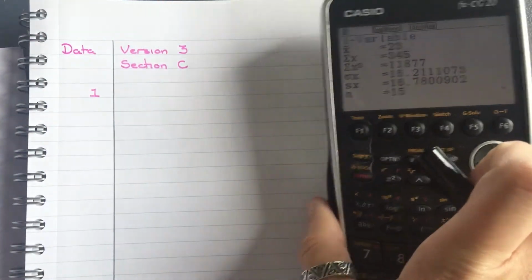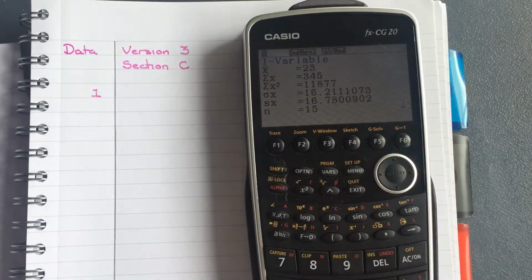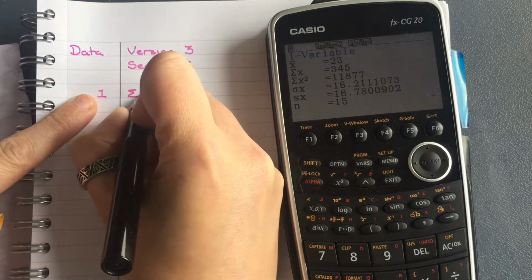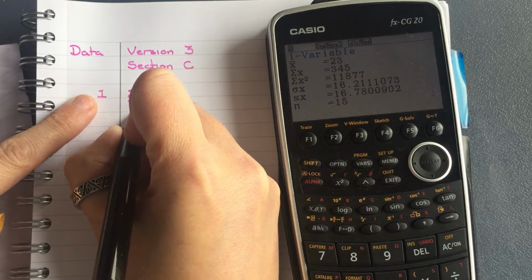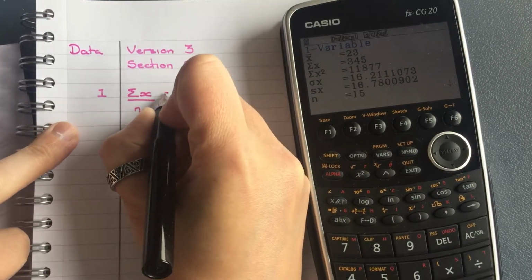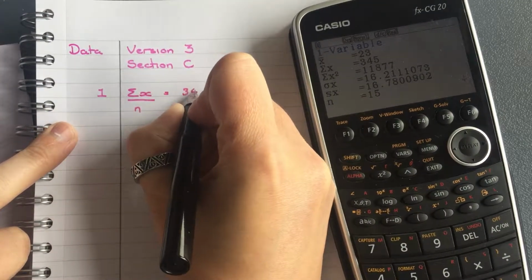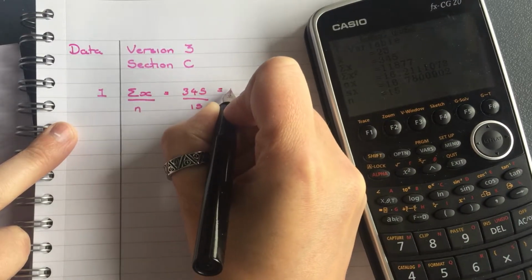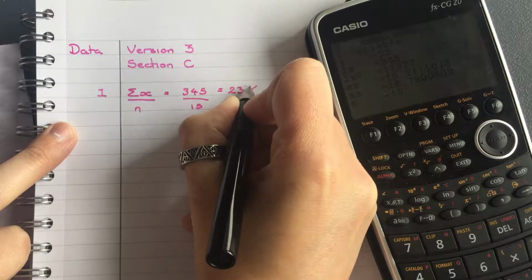And effectively the way we would have calculated the average is knowing that the total of x divided by the number there were. So that was 345 divided by 15, and that gave us 23%.